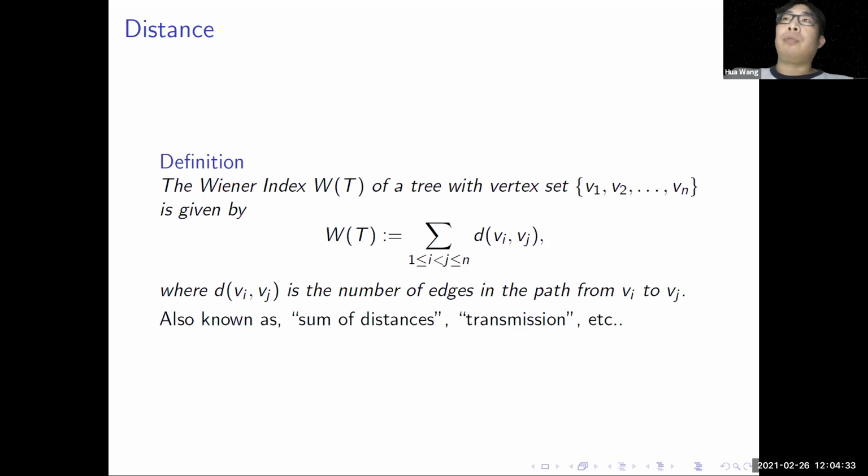If you take a graph and you take the distance between a pair of vertices, that's what this notation is for, and you take the sum of all these distances over all pairs of vertices. That gives you the so-called Wiener index. This was not first called the Wiener index. It was called the total distance, sum of distance transmission, and it has applications in many real-life optimization problems.